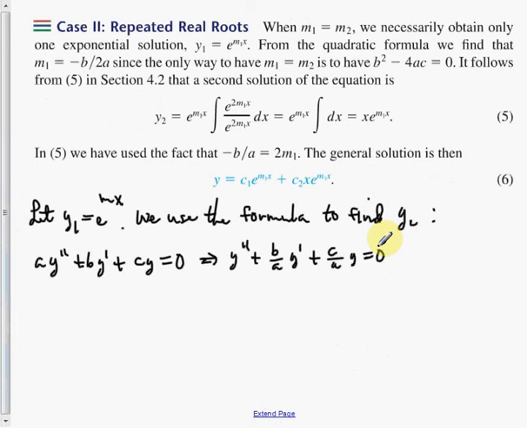I did that to show you that, for that formula, you need that it's e to the negative integral of p of x. So we need p of x. So here, p of x is equal to b over a.